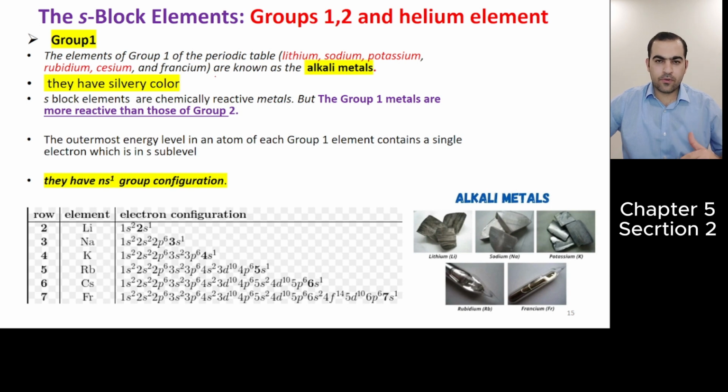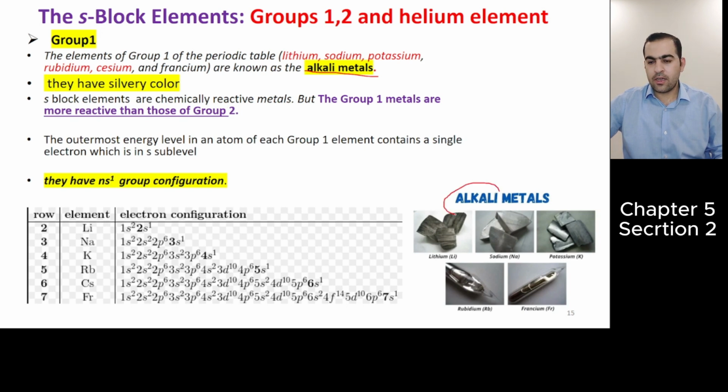These are elements of group 1, and the elements in red color are important. You need to know that they are metals. We call group 1 metals alkali metals. Next slide, we're going to explain why we call them alkali metals. They have a silvery color.